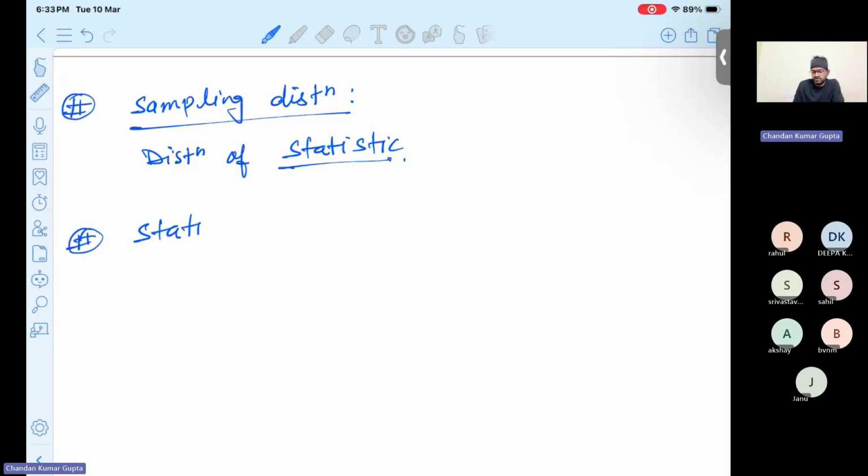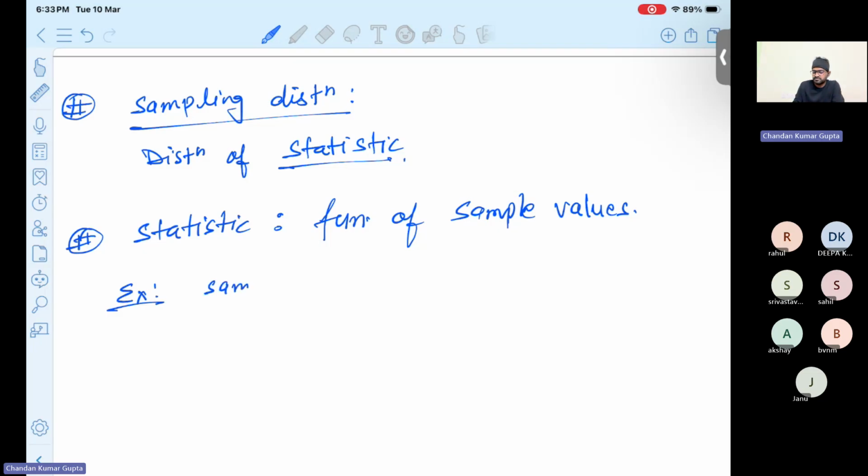A statistic is a function of sample values. From a random sample, we can construct different kinds of functions, like the sample mean, sample variance, sample median.